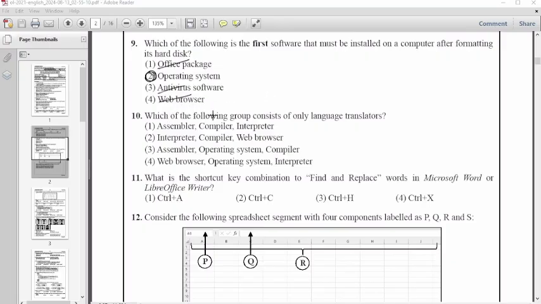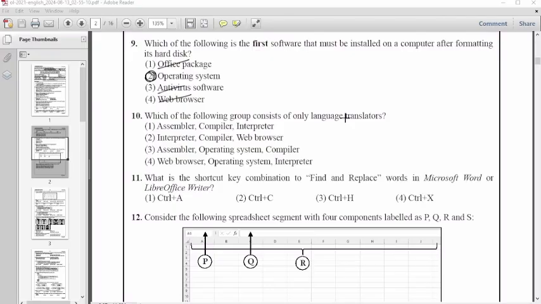Which of the following groups consists of only language translators? It's asking for language translators, like compilers, interpreters and assemblers, things that translate languages like C#, C++, Java, Python.